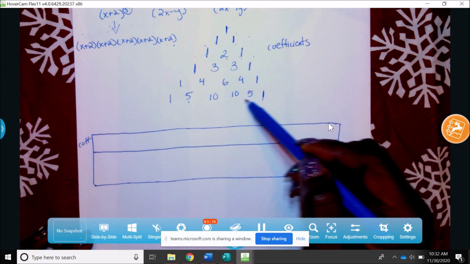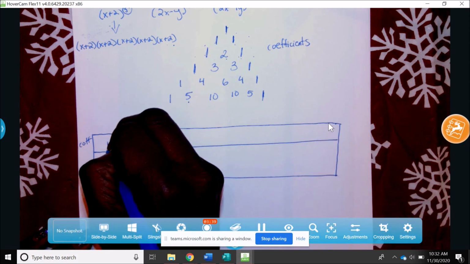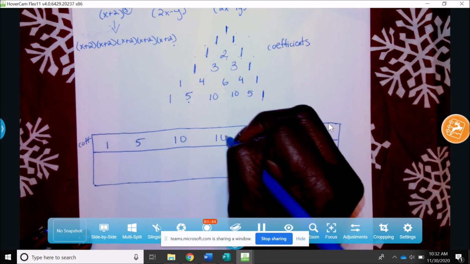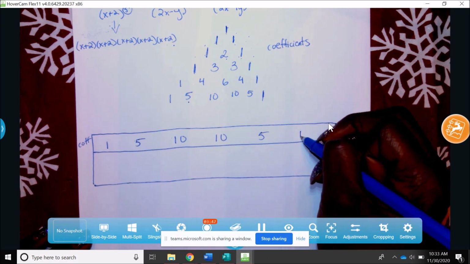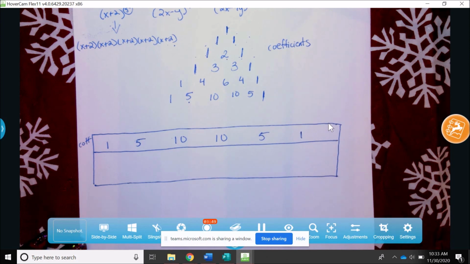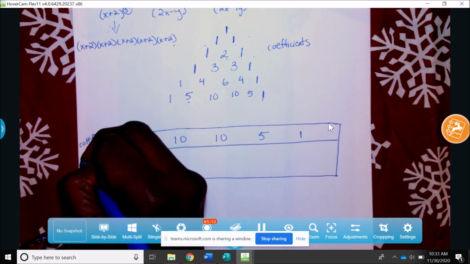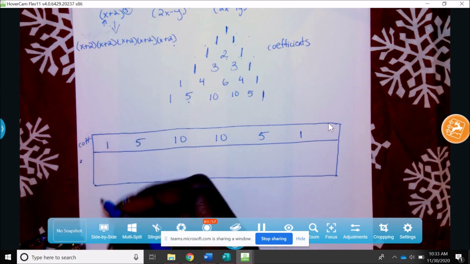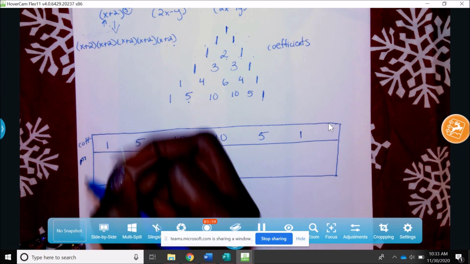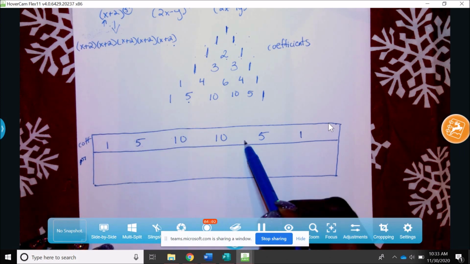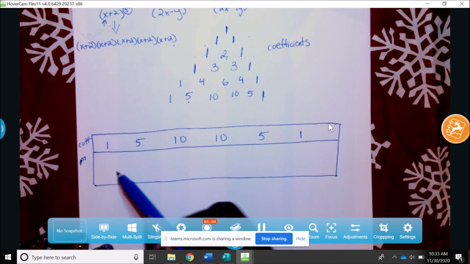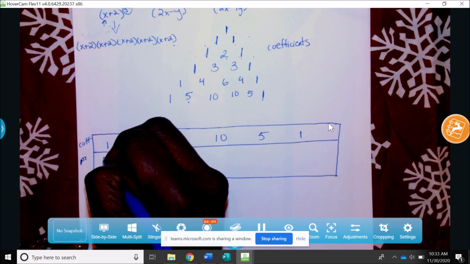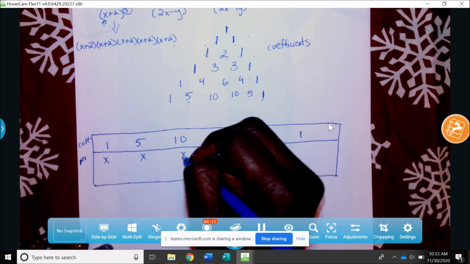So we're going to use each number in this row, and I'm simply going to write down each number the exact same way I see it and in the exact order that it's written in. In my second row, I'm going to look at the first term of the binomial I'm expanding. Each one of these will get the first term, so each one of these will get an x.